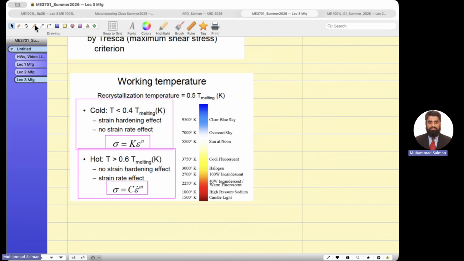And when the forging temperature is higher than half of the melting point, mostly like 0.6, then you consider the strain rate. Strain rate is the velocity of the forging force divided by the instantaneous height. I would say final height, HF, final height.